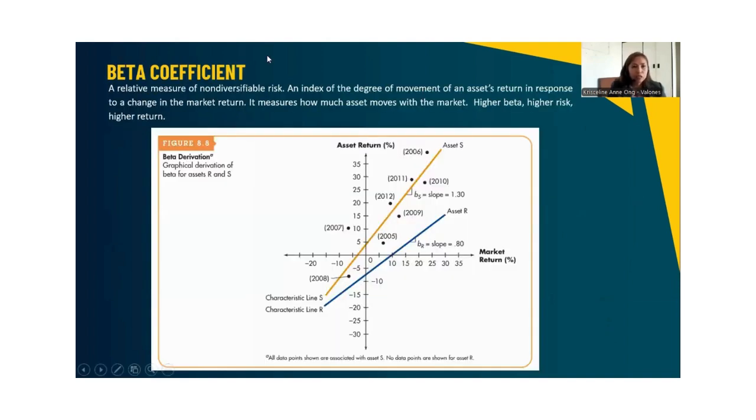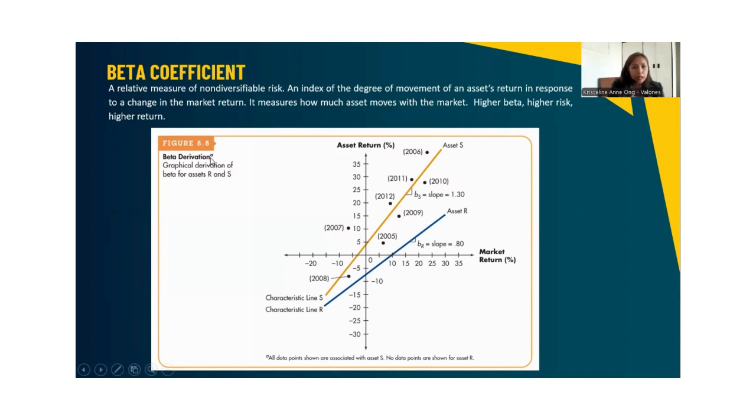Beta coefficient. It is a relative measure of non-diversifiable risk, an index of the degree of movement of an asset's return in response to a change in the market return. It measures how much an asset moves with the market. The higher the beta, the higher the risk and the higher the return.